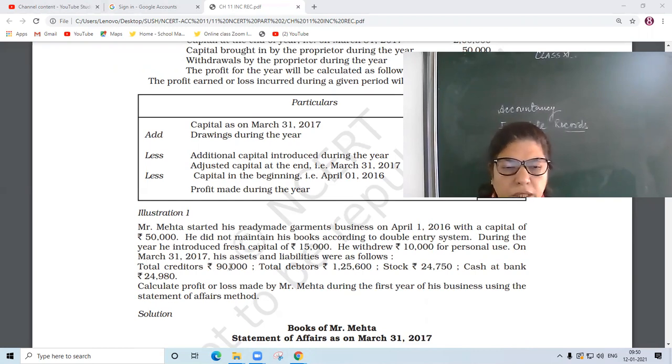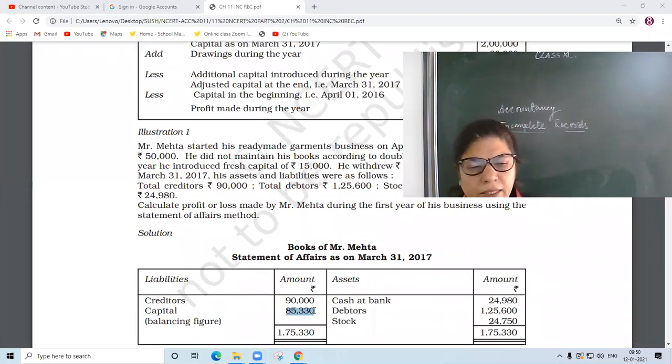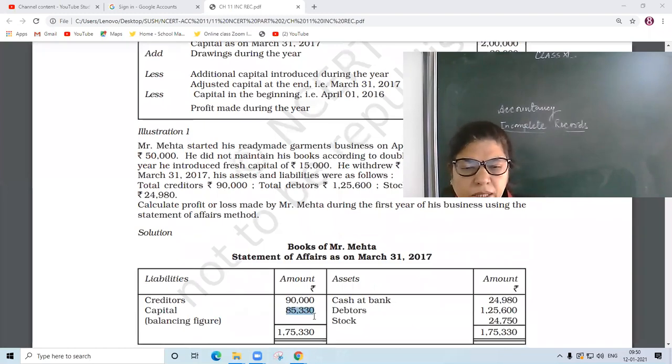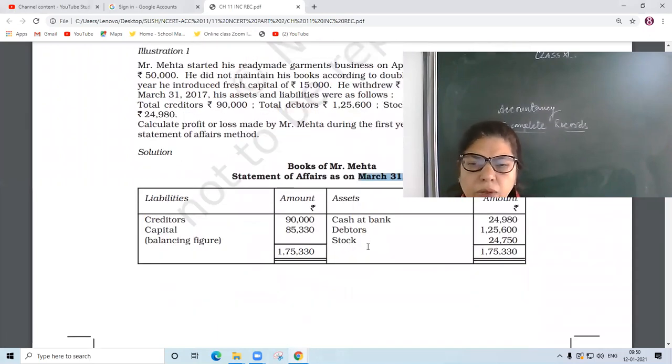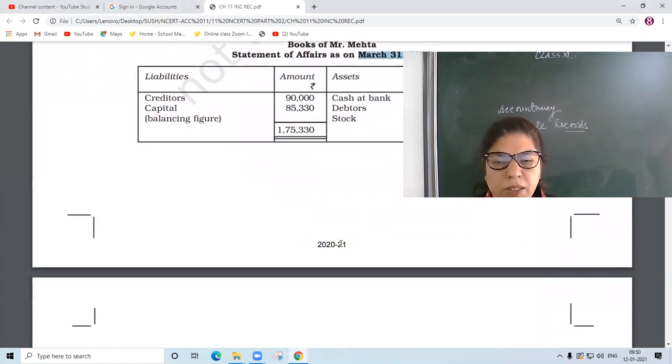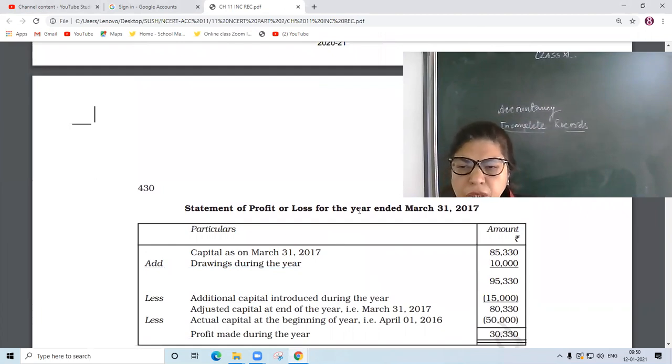So when closing liabilities are given, closing assets are given, and he is using the statement of affairs method, then the balancing figure will be termed as capital. This is closing capital. Okay. Now, after calculating closing capital, the businessman will prepare a statement of profit or loss.